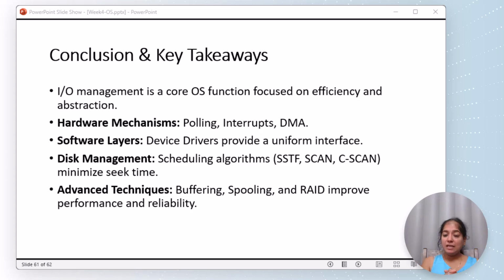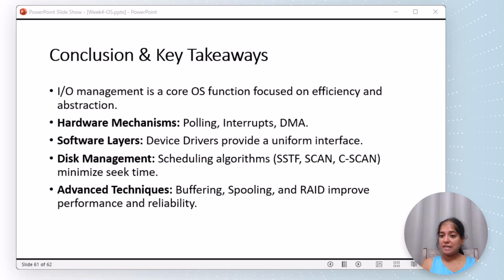So, in summary, we can say that input output management is a core operating system function for abstraction and efficiency. Hardware mechanisms include polling, interrupts, and DMA, direct memory access. The software layer consists of device drivers and APIs. Disk management is performed by different scheduling algorithms to optimize the performance, like FCFS, SSTF, shortest seek time first, SCAN, and C-LOOK.